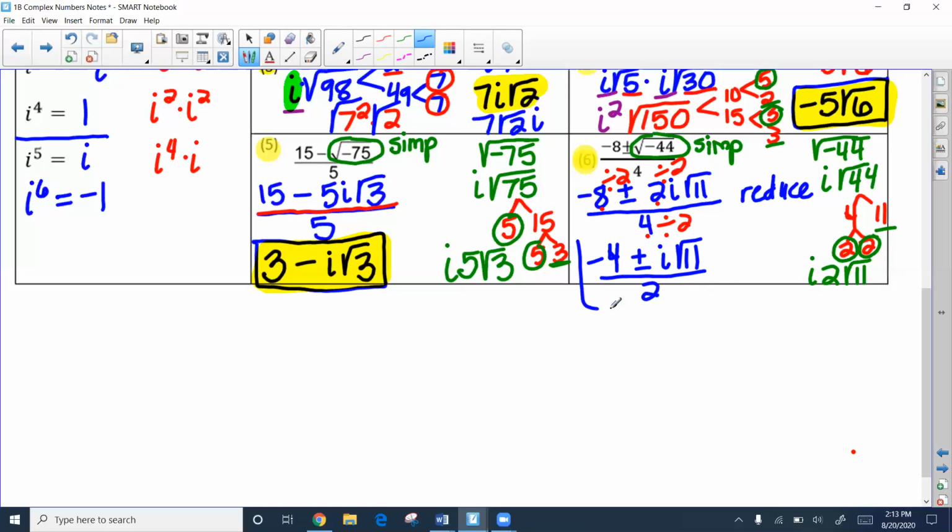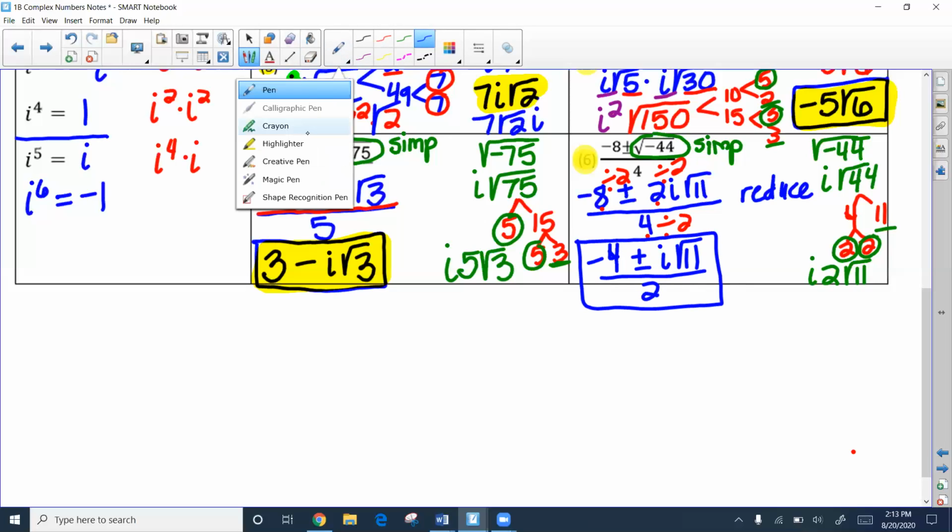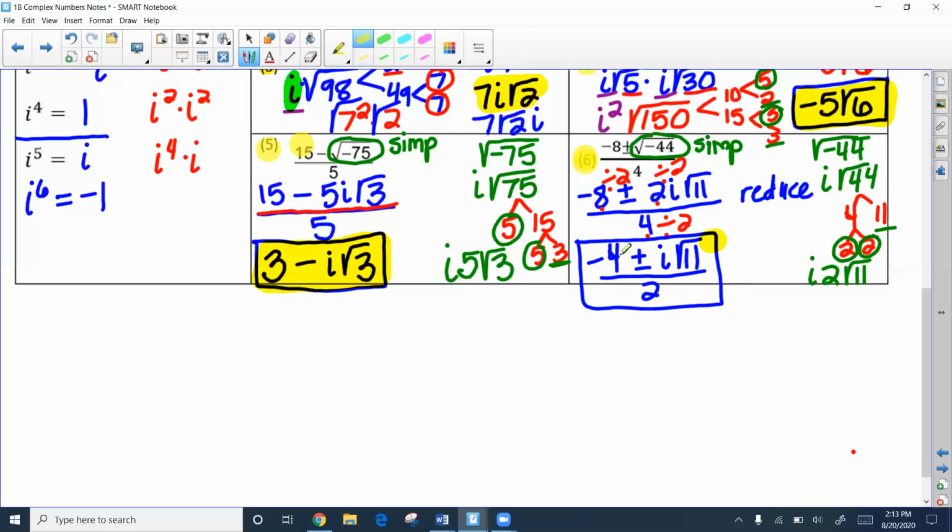So notice if I write it this way, it's still written as one single fraction. So negative 4 plus or minus i square root of 11 over 2. So I reduced everything, but I didn't actually divide them.